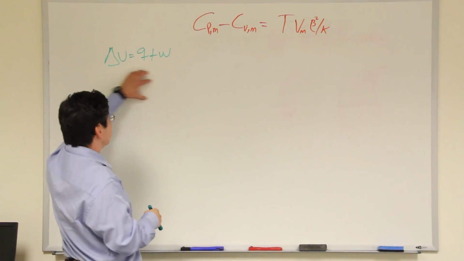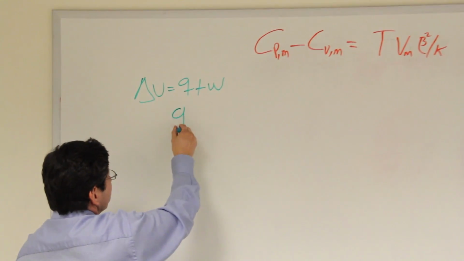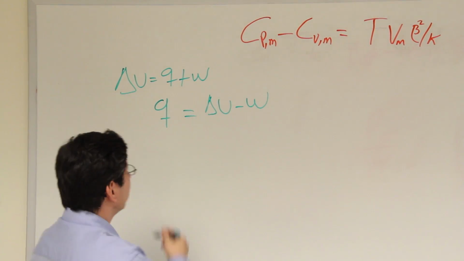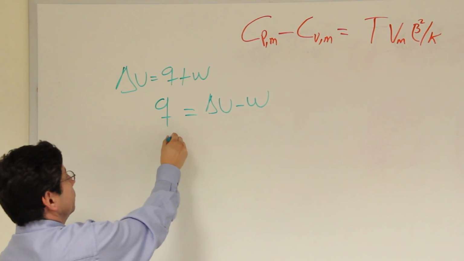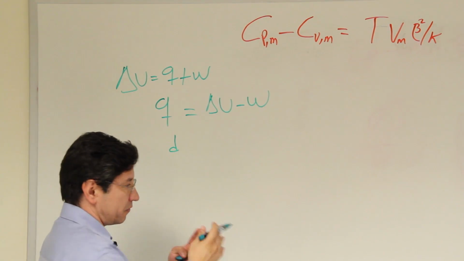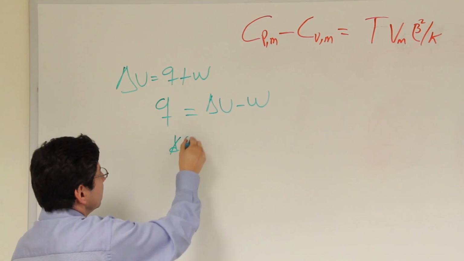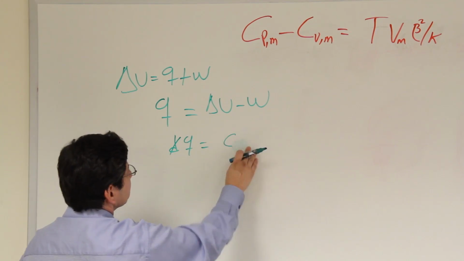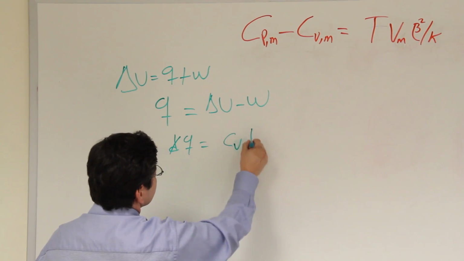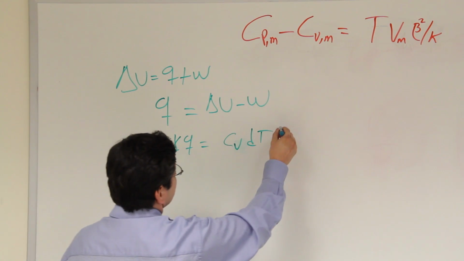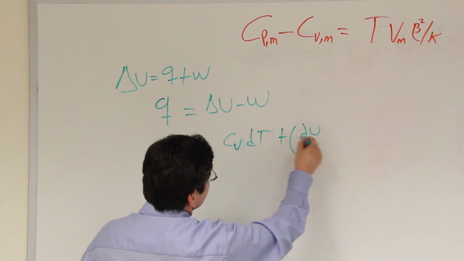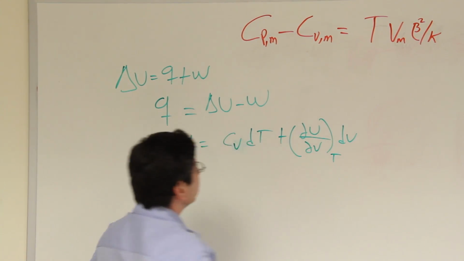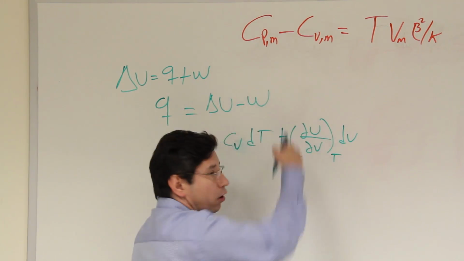We can rearrange this expression to show that Q is equal to delta U minus W, which, if we express this in terms of differentials, is dq equal to Cv dT plus (dU/dV) at constant T dV, minus work.